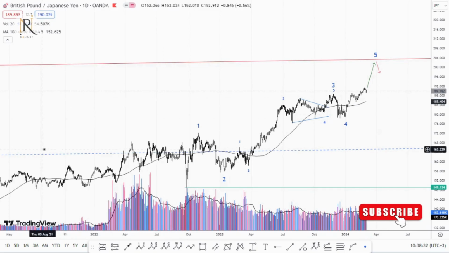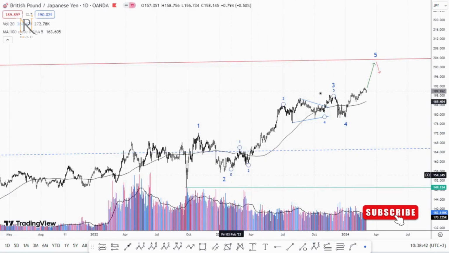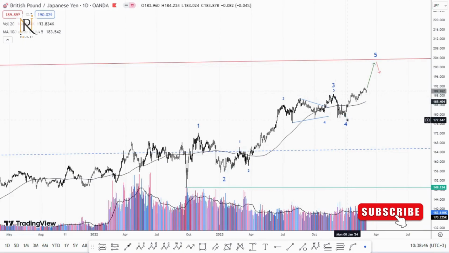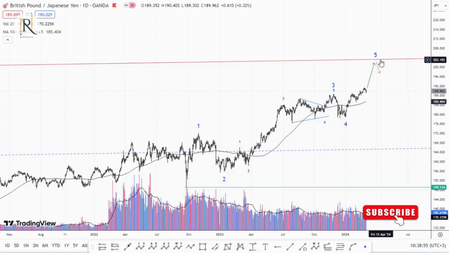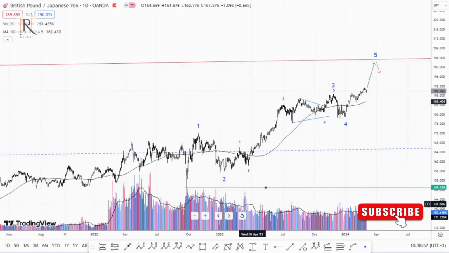I don't want to talk much about these currencies, because maybe I will talk about it in another episode, but this is what you expect. We are looking at wave 1, 2, wave 3, which is a good extension, and then wave 4. After completion of wave 1 through 5, the extension, finally we are looking at wave 5.